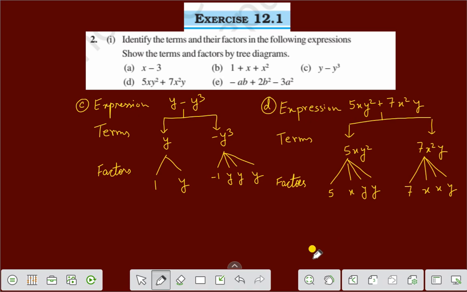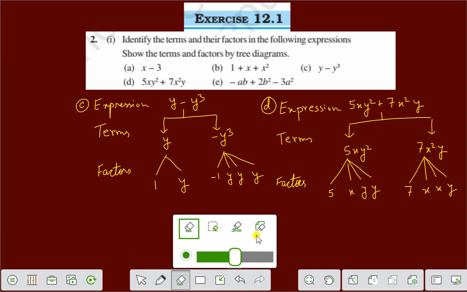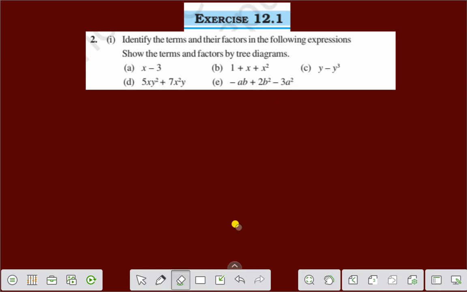Now dear friends, we will find the expression for question number E. The expression is minus ab plus 2b square minus 3a square.